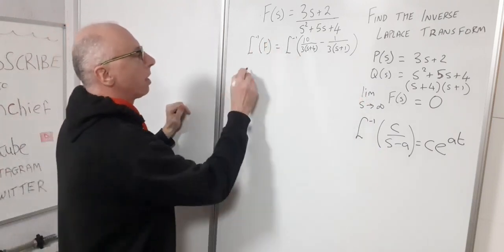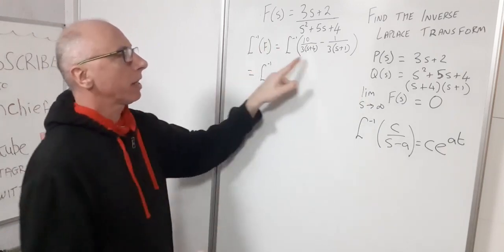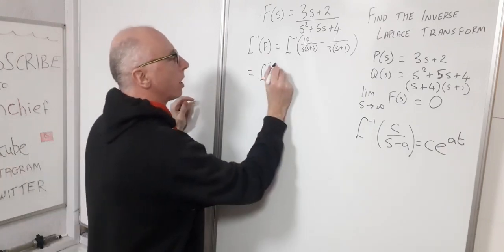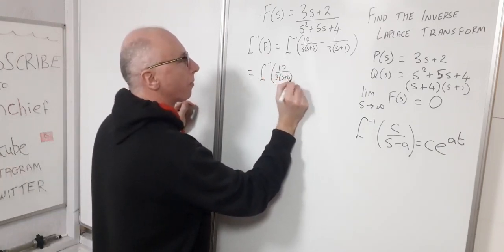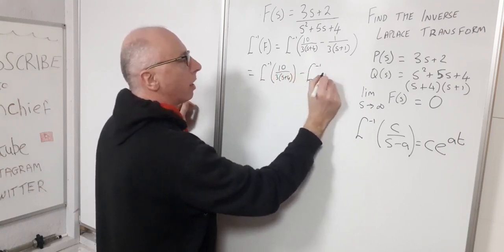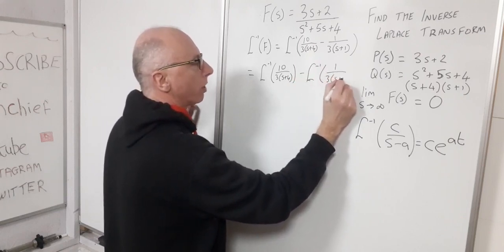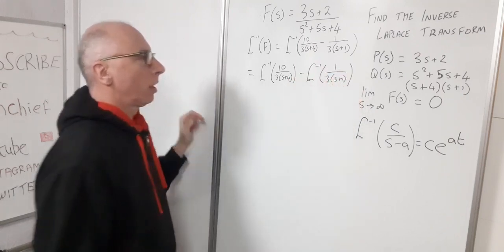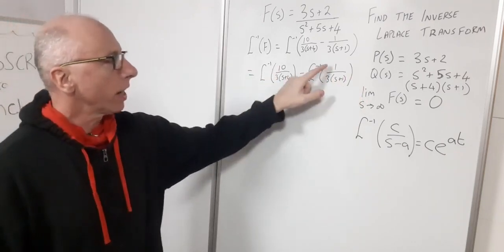our Laplace inverse transform for our f of s. So now we've got the inverse Laplace. Break these apart into two separate ones now. So we've got 10 over 3s plus 4 minus the inverse Laplace of 1 over 3s plus 1. Okay, now let's take these coefficients out.